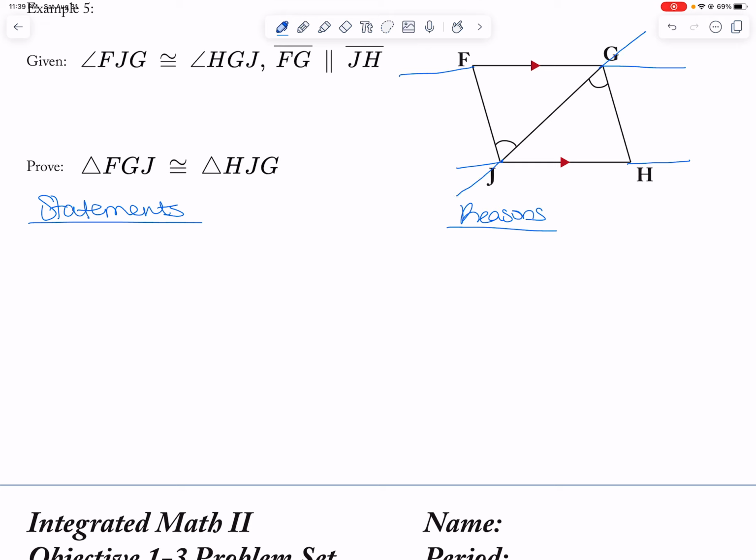So alternate interior angles are congruent. So we know that angle FJG, try to say that one fast, is congruent to angle HGJ. And we know that FG is parallel to JH.